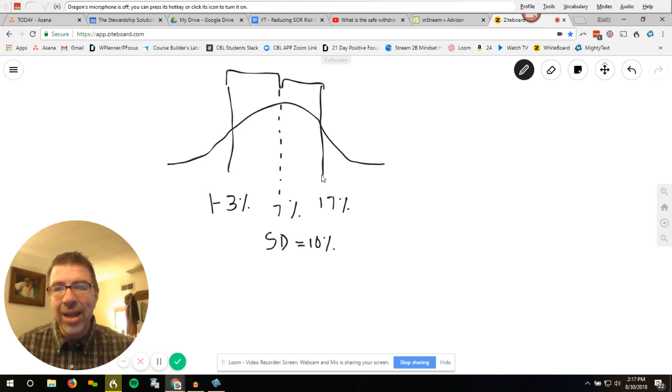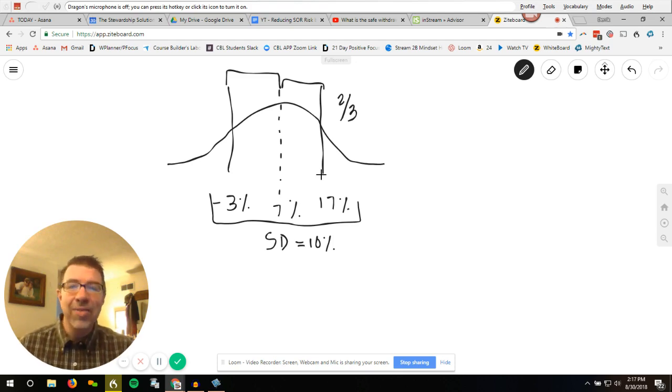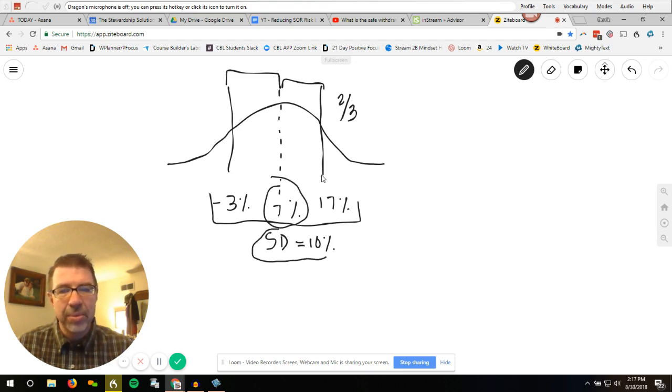This range, negative 3 to positive 17%, will happen, historically speaking, about 2/3 of the years in your investment return. In other words, 3-year averages can range between negative 3 and 17 if our average is 7 and our standard deviation is 10.